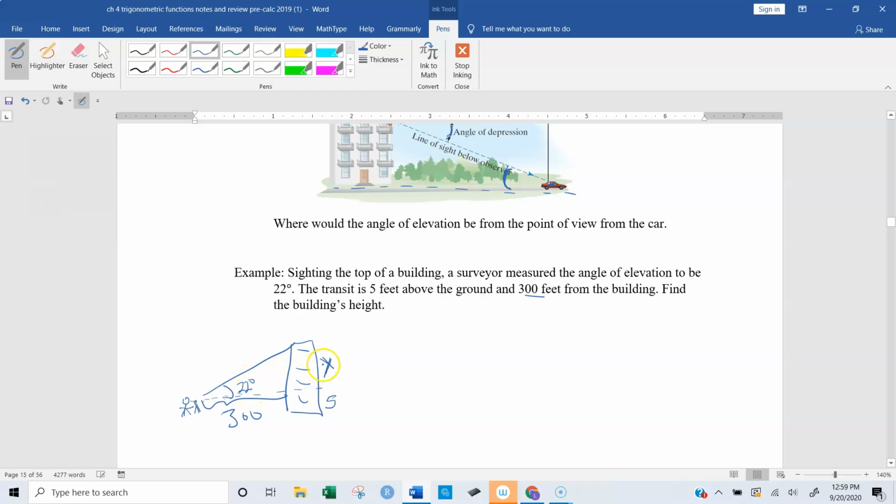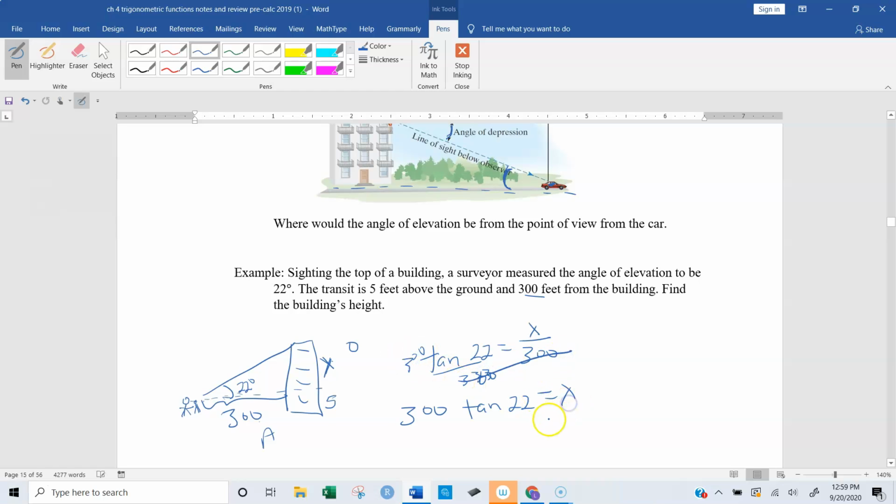Well, this here would be opposite over adjacent. So since this is opposite and this is adjacent, I know I need to use the tan function. So we'll do the tan of 22 degrees is equal to x over 300. Solve this. Multiply by 300, top and bottom, and then that goes away.